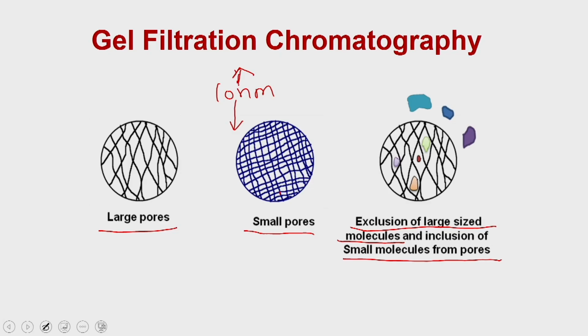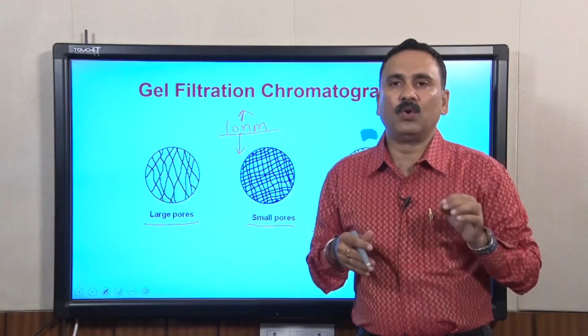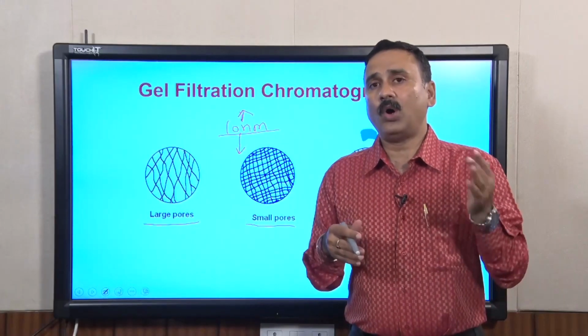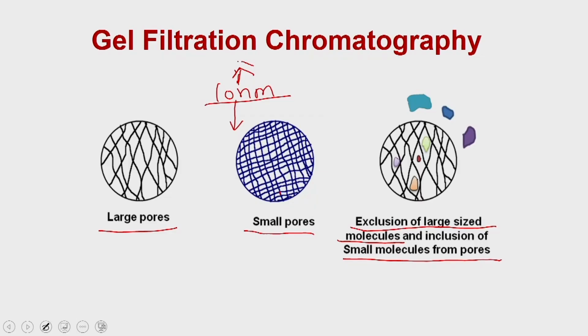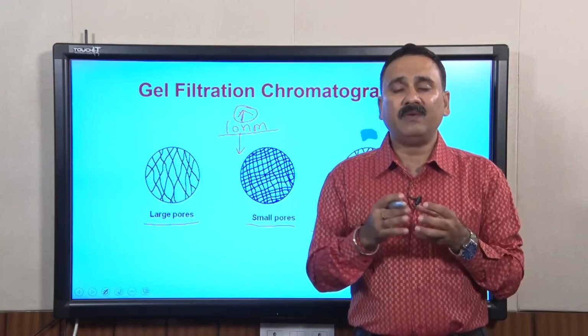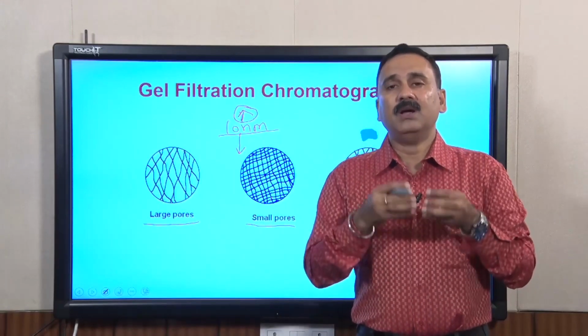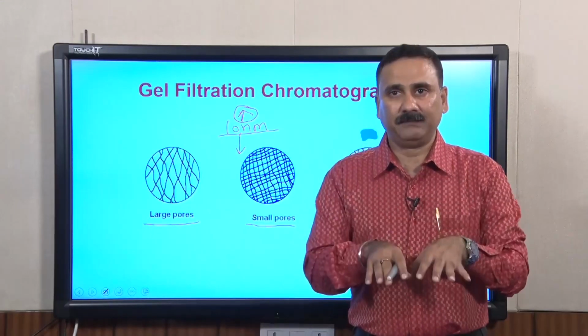In this case, if you have a bead of 10 nanometer, you are going to exclude or reject all the molecules larger than 10 nanometer, whereas you are going to retain all the molecules of smaller size. That is why gel filtration chromatography follows the reverse principle of sieving.